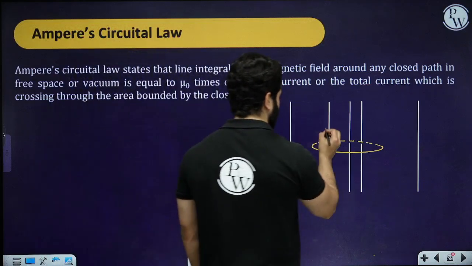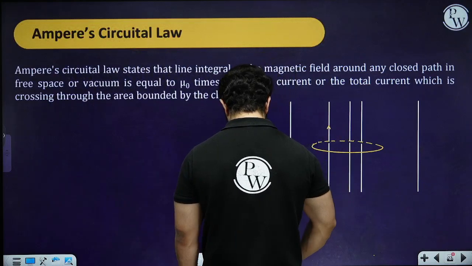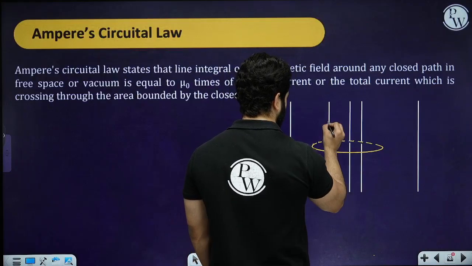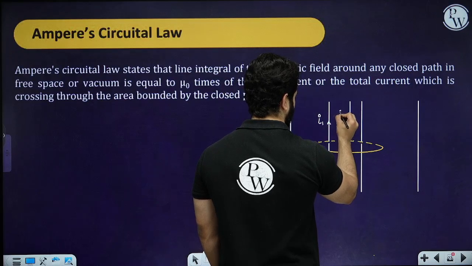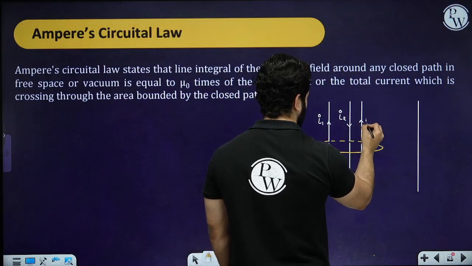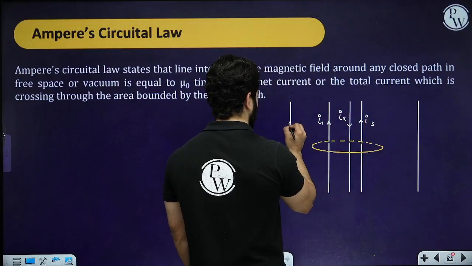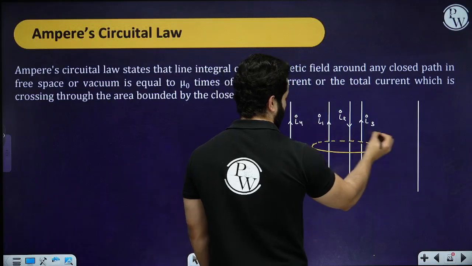And let's suppose these are wires which have current I1, I2, I3, I4 and I5.